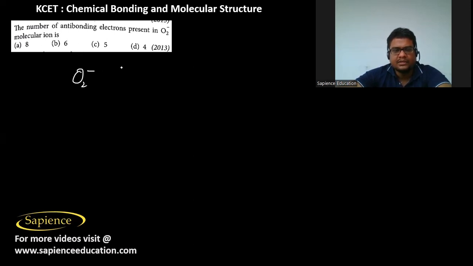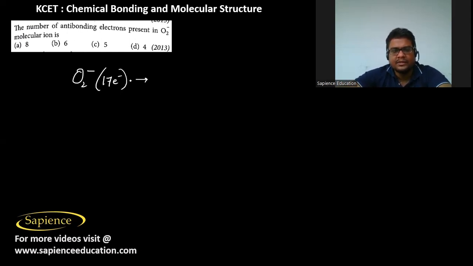The O2 minus molecular ion will have 17 electrons.